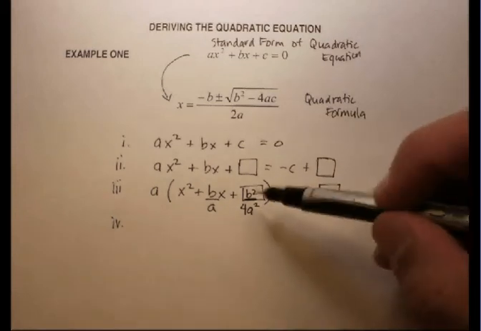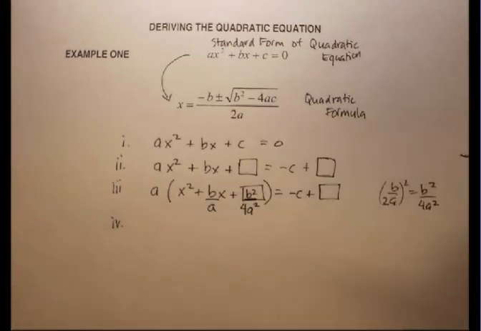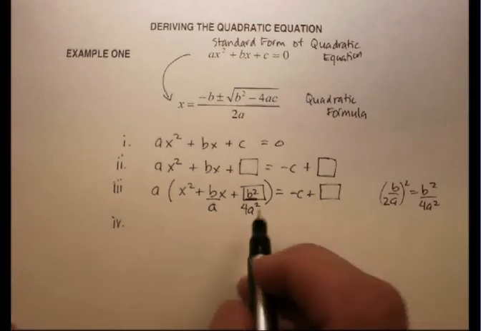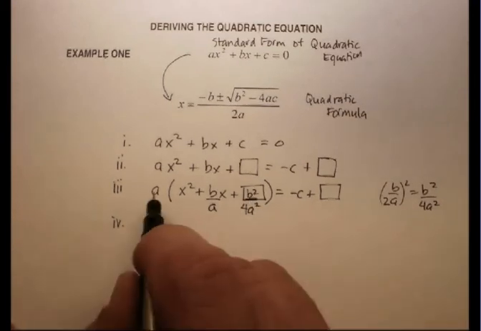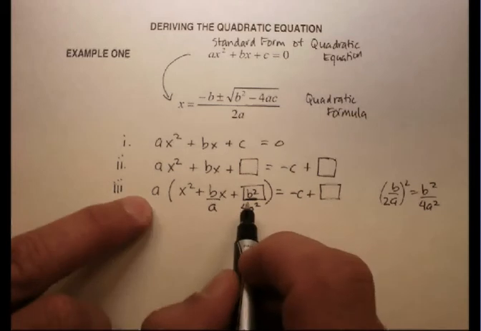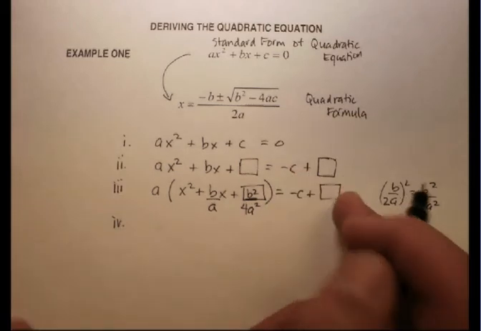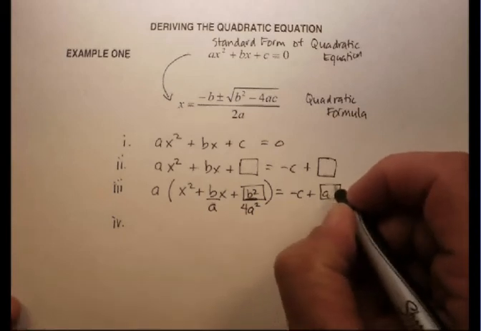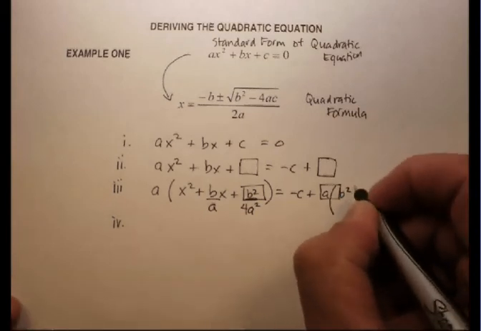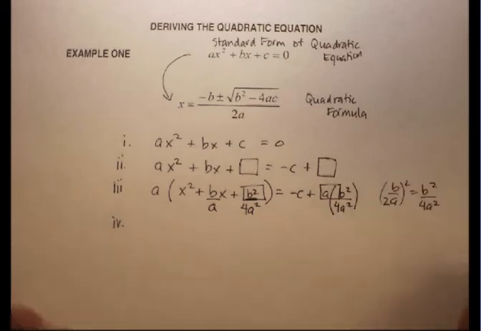And now, whatever I added to this side of the equation, I want to add to that side of the equation. Now look what I did. I didn't just add b squared over 4a squared. I added a times that to this whole side of my problem. So I want to add that same amount over here. That's going to be a times b squared over 4a squared.